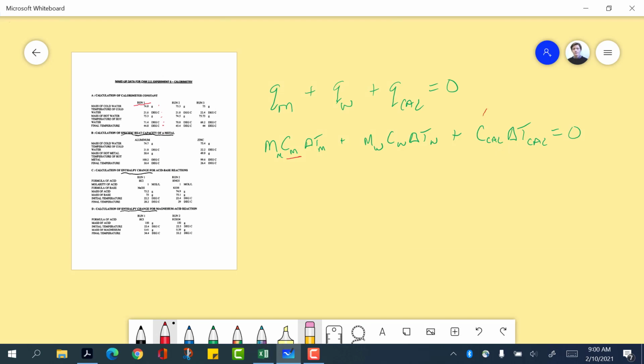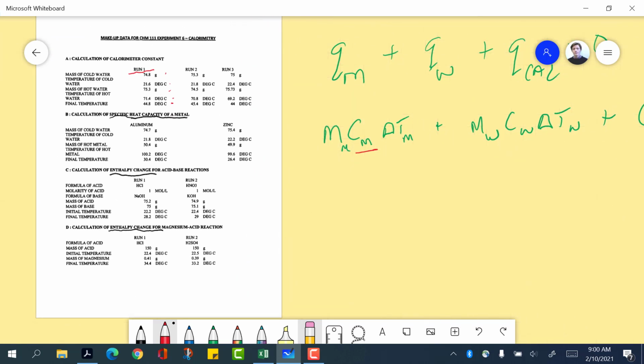So this would be, we'll say 41.5 joules per degree Celsius. So, putting in the information given, the mass of the hot metal is 50.4 grams right here. So 50.4 grams. The specific heat of the metal, we don't know, and that's what we're solving for.